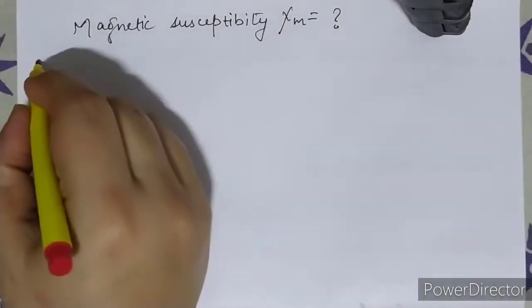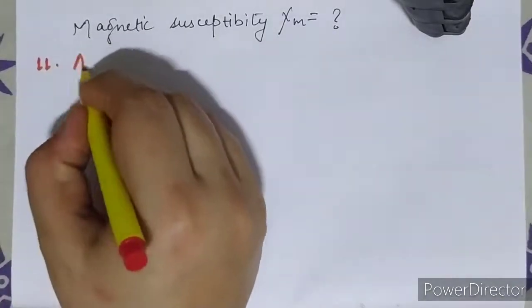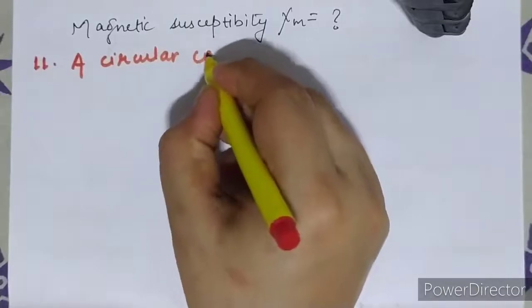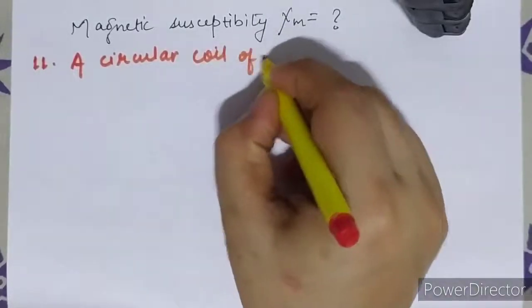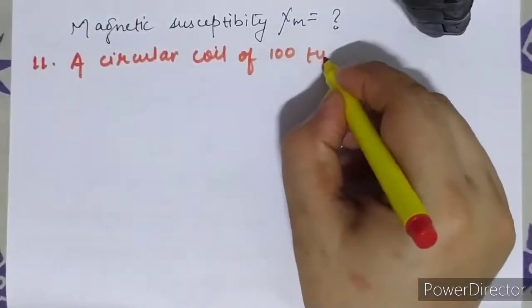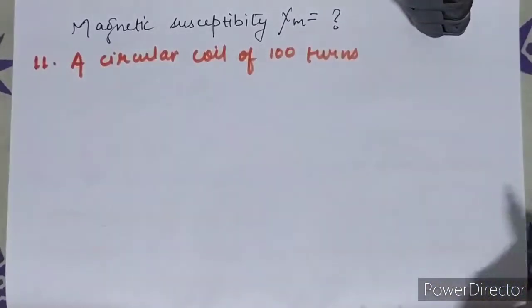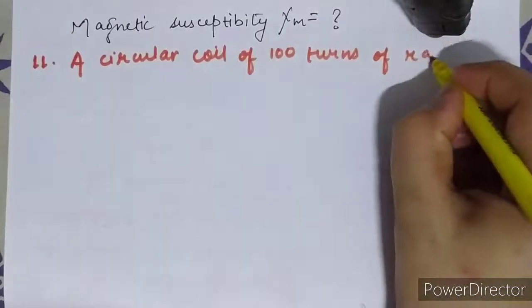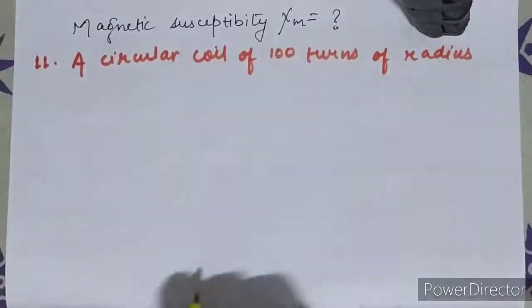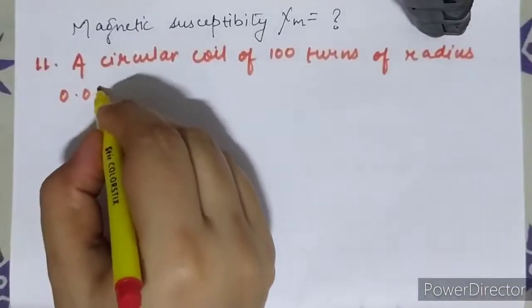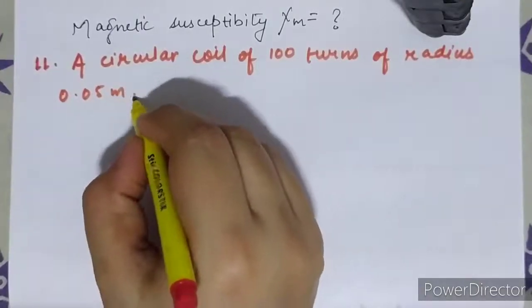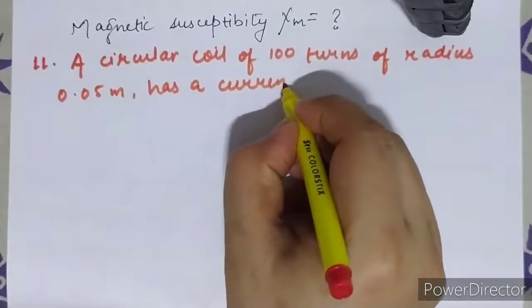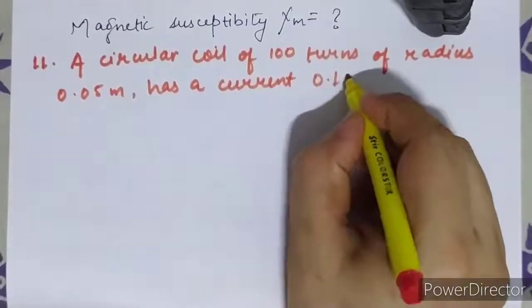Question number 11: A circular coil of 100 turns of radius 0.05 meter has a current 0.1 ampere.